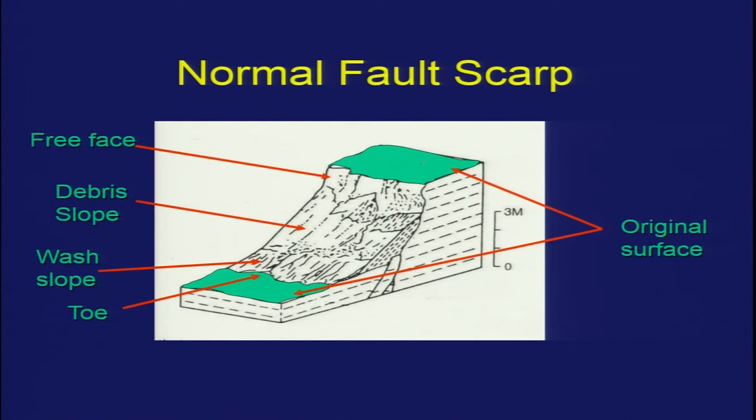If you recall this process, you have the initial surface here, faulted, and the other processes operating along the free face will give your debris slope deposit and wash deposit. In this portion you will see more coarser deposits, and if you move slightly away from the scarp, you will see the finer wash slope deposits.